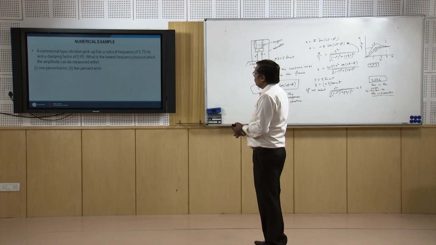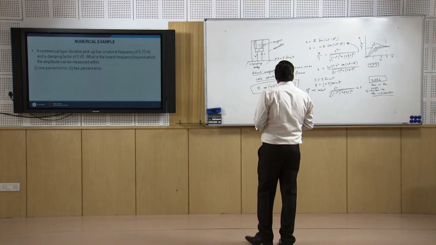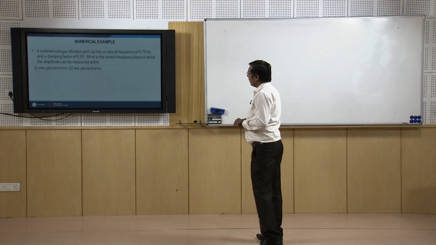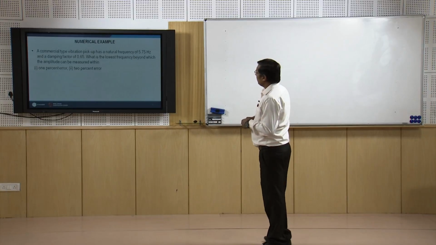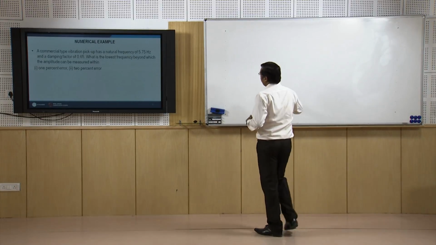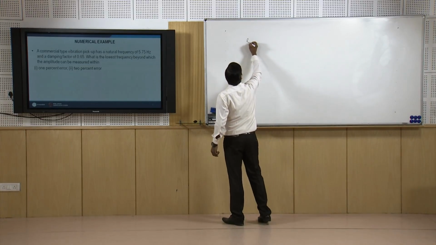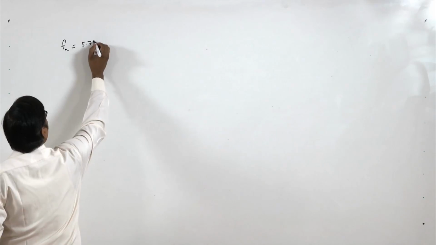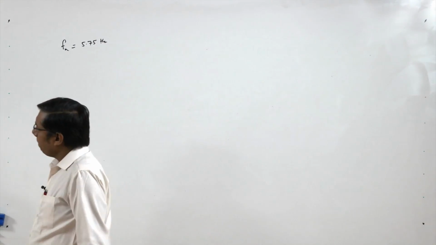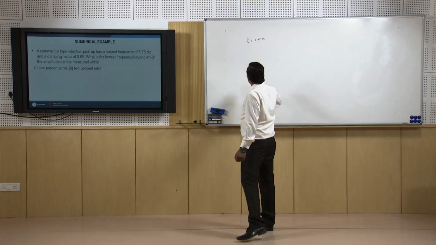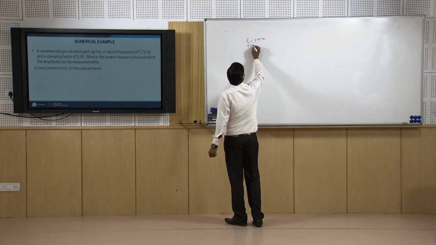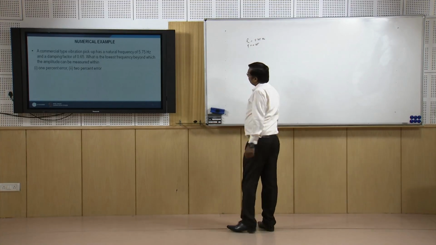Now let's do one numerical example. There is a vibration pickup that has a natural frequency of 5.75, so Fn is 5.75 Hertz, and a damping factor of 0.65, so zeta is 0.65.